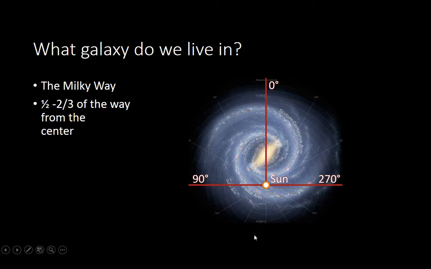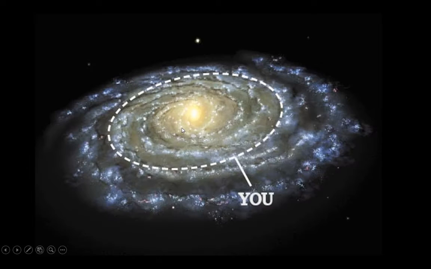If you keep going, there's still stars that are going around, so it's kind of hard to say here's the border. A better measurement would be exactly how many light years or something like that. But for our ninth grade class, halfway to 2/3 of the way out is good enough.